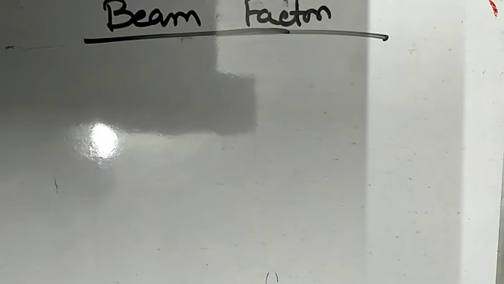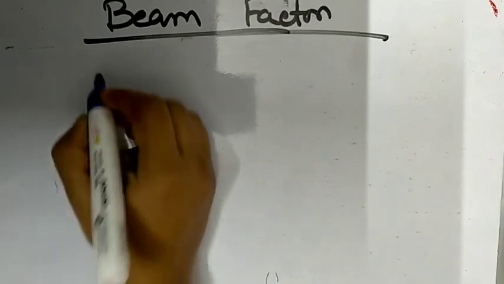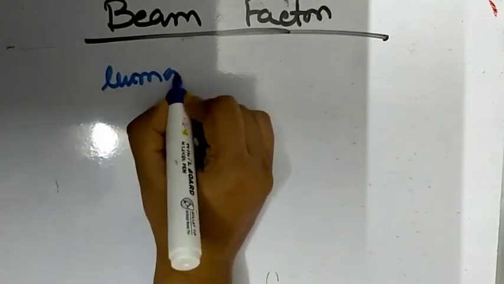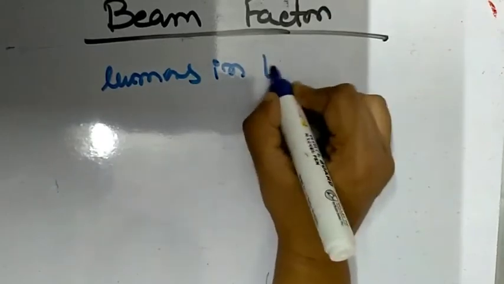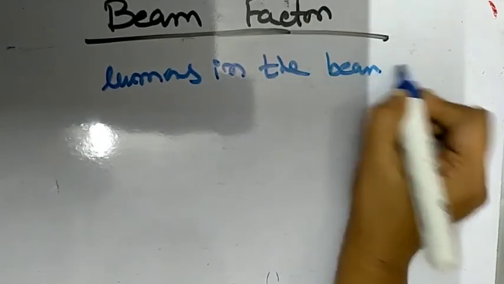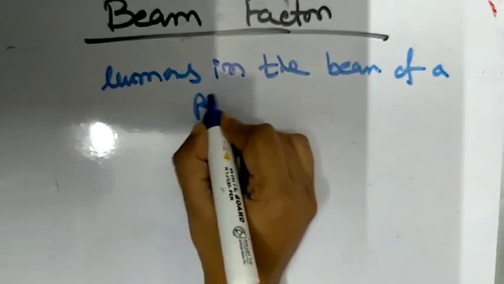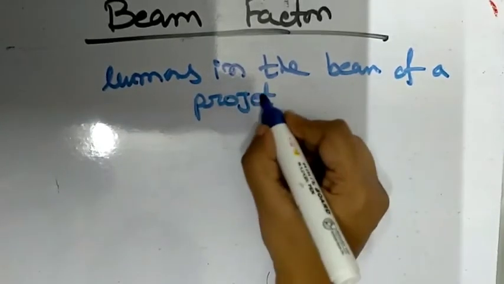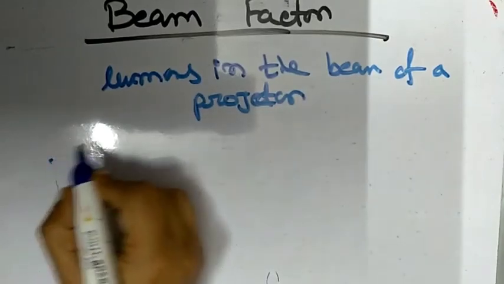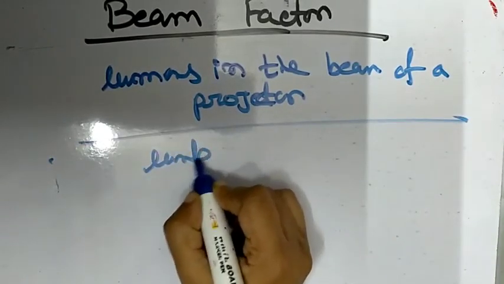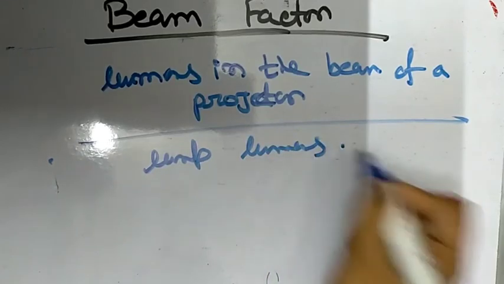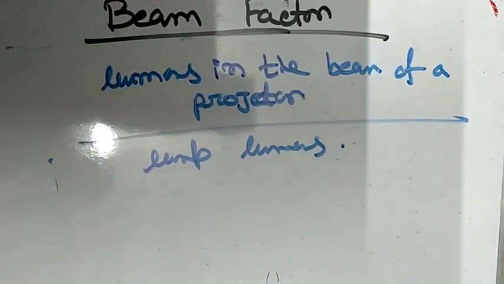It is the ratio of lumens in the beam of a projector to lamp lumens. This factor takes into account the absorption of light by the reflector and front glass of the projector lamp, and its value lies between 0.3 to 0.6.